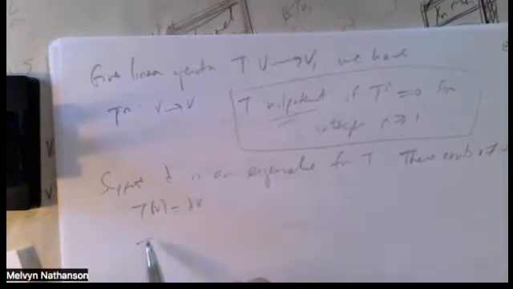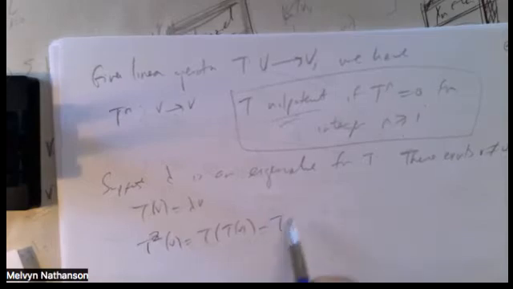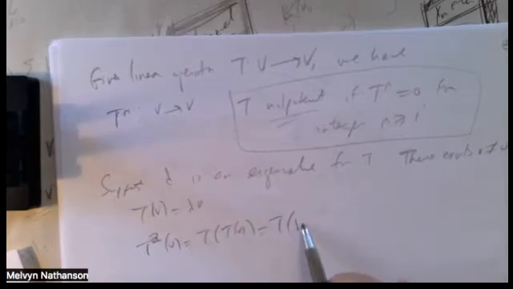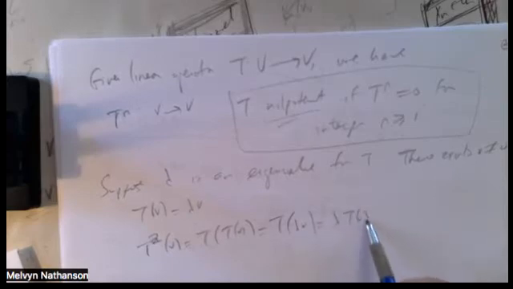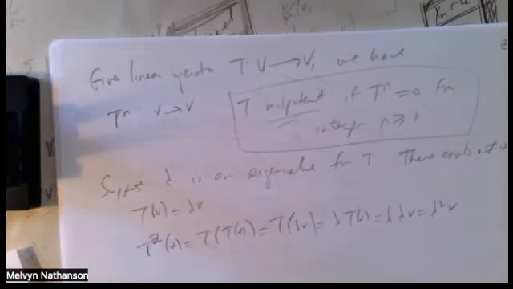So if you look at T squared of v, what is T squared of v? T squared means T of T of v. So that's T of lambda v, which is lambda times T of v, because T is a linear operator, which is lambda times lambda v. That's lambda squared v. So T squared of v is lambda squared v.